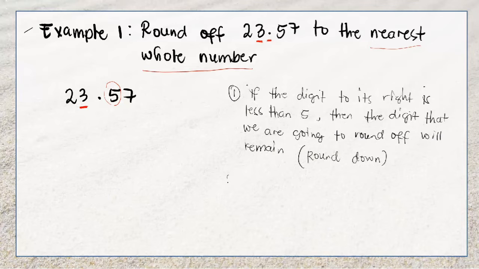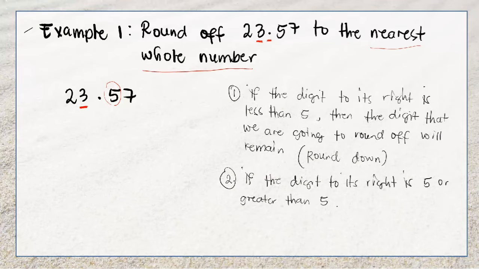The second one that we need to consider is if the digit to its right is 5 or greater than 5, then the digit that we are going to round off will be added 1.